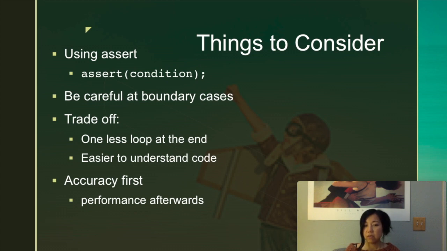So it sometimes is a trade-off of, is it easy to understand the code, and since I'm showing you, I don't want to make it too complicated at this point. And so we usually go with accuracy first to make sure that the code is working like it's supposed to, and then we go in and change for optimization or performance purposes to make it function better.